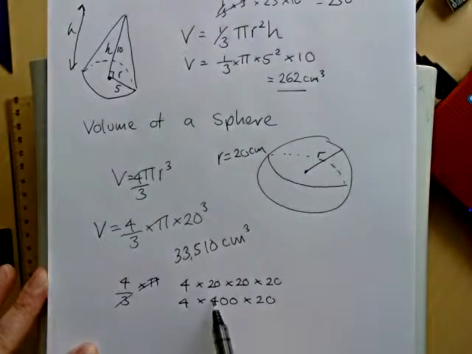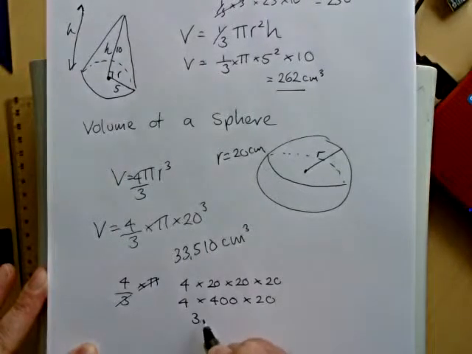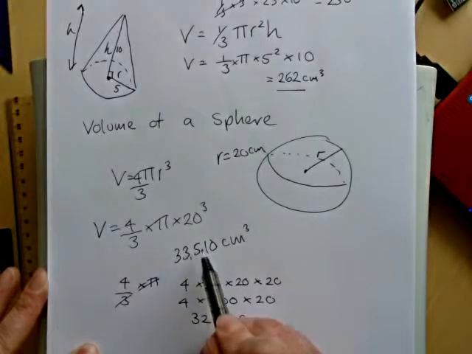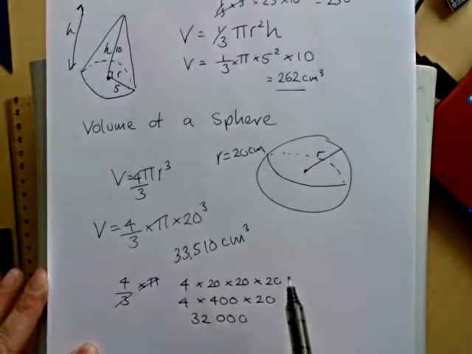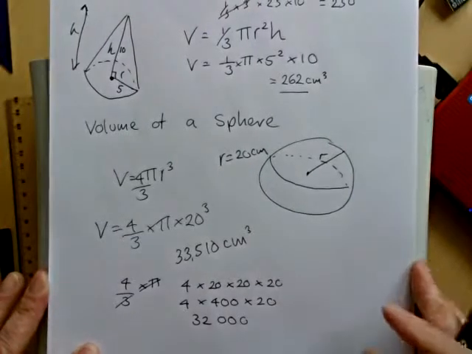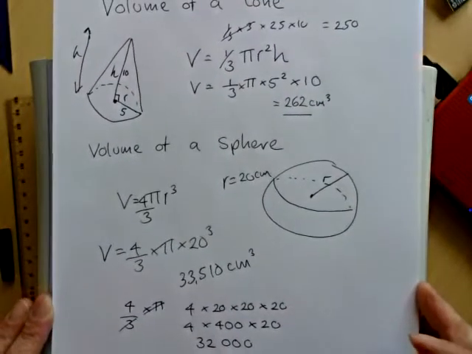So we've got 4 times 4 times 2. 4 times 4 is 16, times 2 is 32, and then we've got to put all those noughts on the end. So our answer should be close to 32,000, and we can see that it is. We've got 33,510. So I'm quite happy that I've typed everything into my calculator correctly, used the calculator properly, and have the right answer.